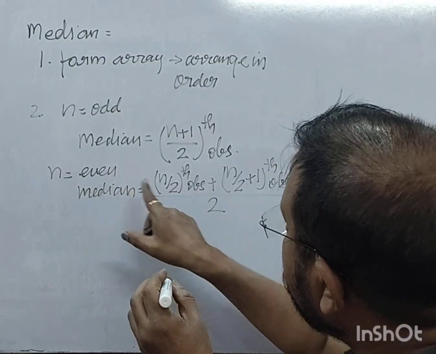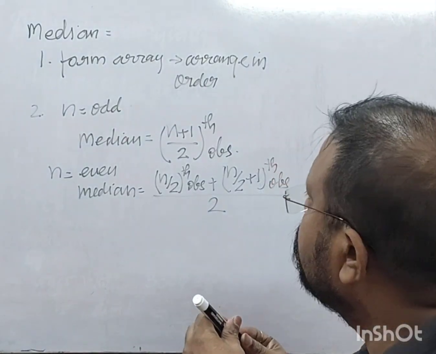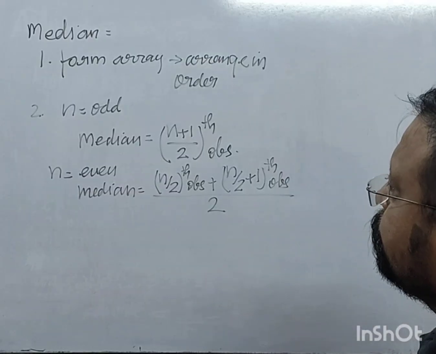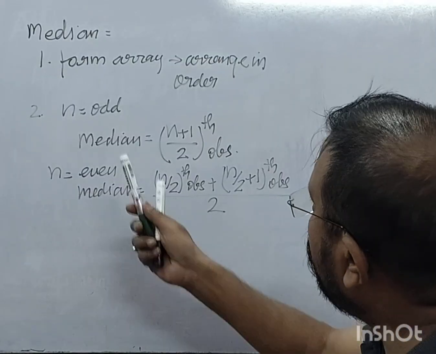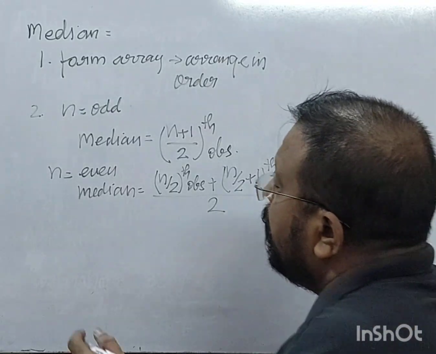This is when even. Do you get? Order, then we go like this, and even, and then we will go like this.